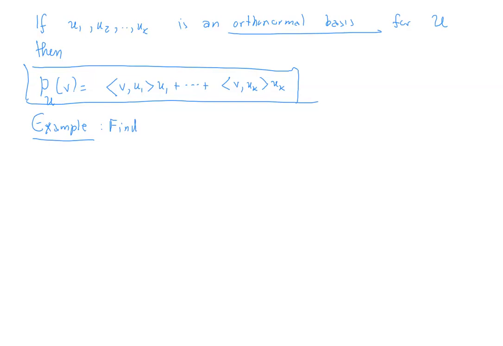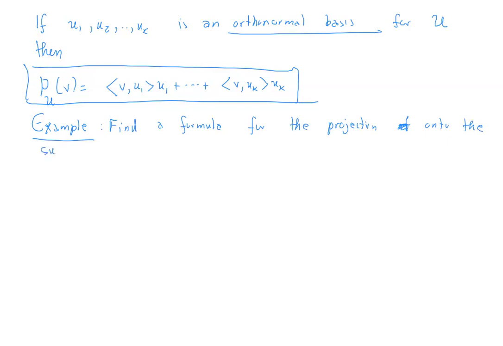So find a formula for the projection. Let me give you something which is as close to the homework problem as possible. So find the formula for the projection of a vector onto the subspace.